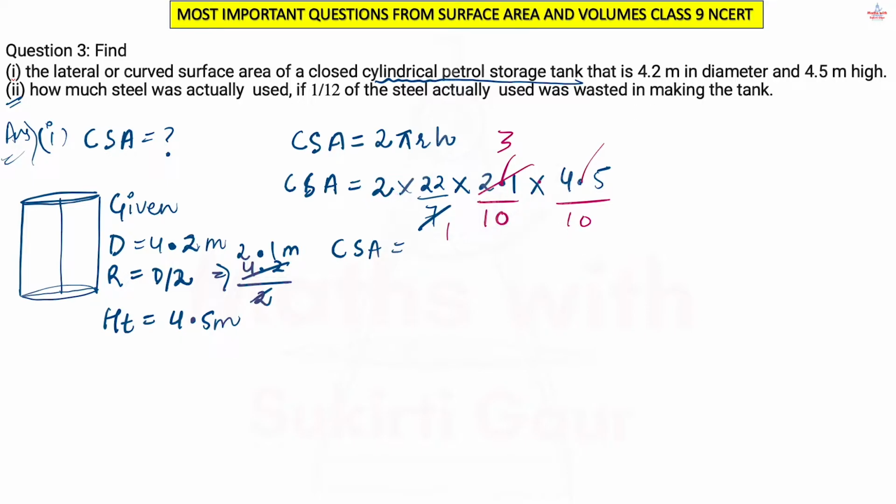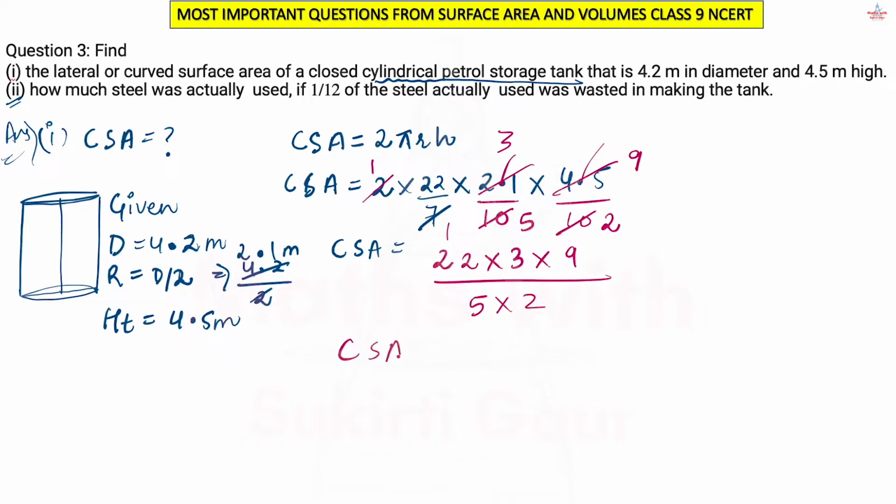Now here you can also cancel out 5 times 9. 5 times 9 is 45, and 5 times 2 is 10. Also you can do 2 times 1 and 2 times 5. So we have got here 22 multiplied by 3 multiplied by 9 upon 5 into 2.